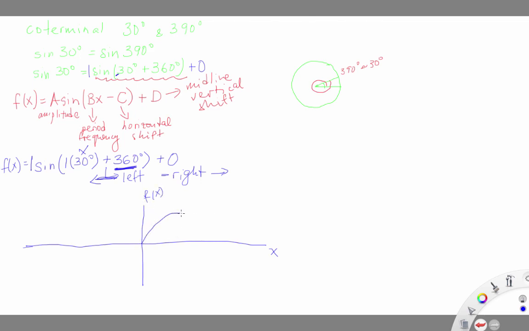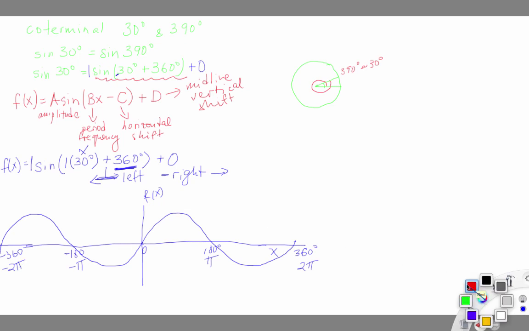Here's what the sine function looks like, and on this side we have the same. This here will be 0 degrees, this will be 180 degrees, this will be 360 degrees, or pi, and this will be 2 pi, and this will be minus 180, or minus pi, and this will be minus 360, or minus 2 pi.